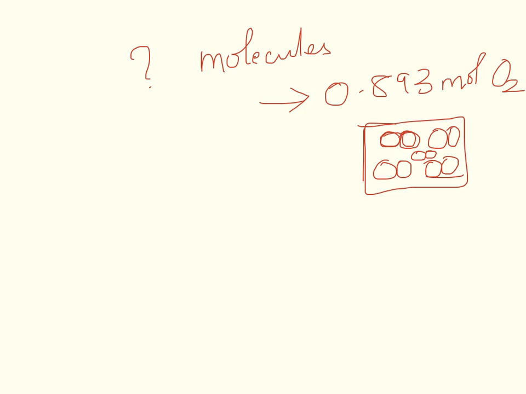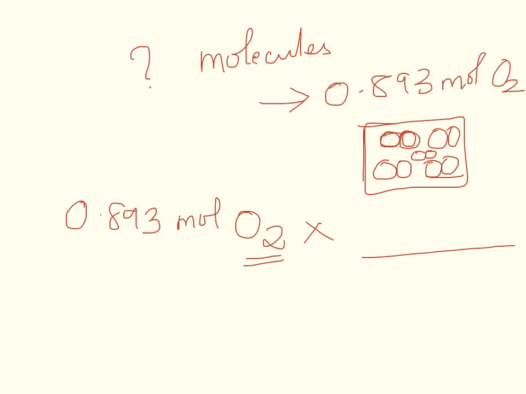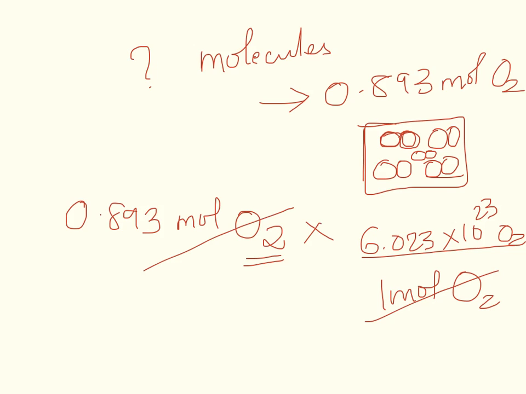How many molecules are in this one? 0.893 moles of oxygen molecules, and since I'm writing O2, I don't have to write O2 molecules. It is implied, since it is O2, it is a molecule. So 1 mole of O2 has 6.023 times 10 raised to 23 oxygen molecules, which will turn out to be 5.38 times 10 raised to 23 oxygen molecules.